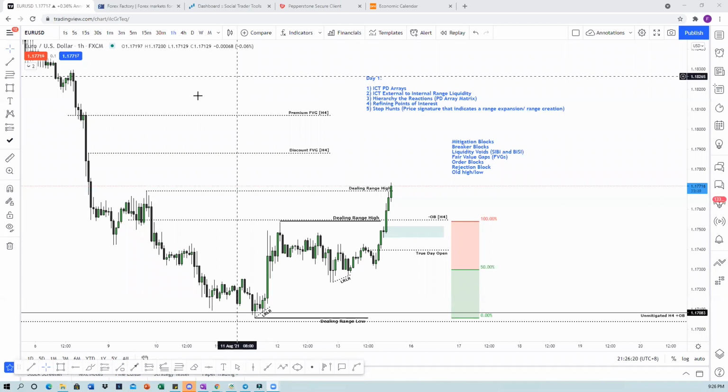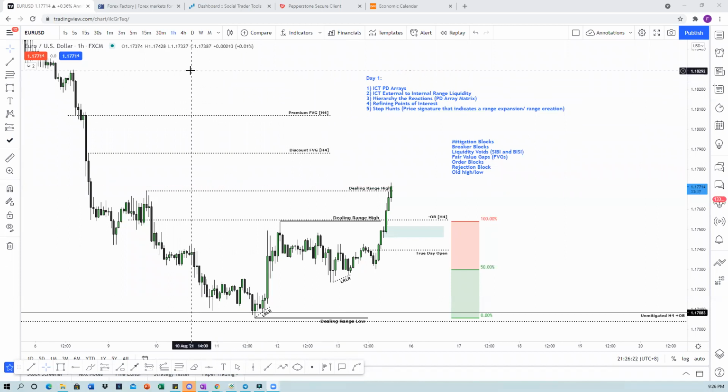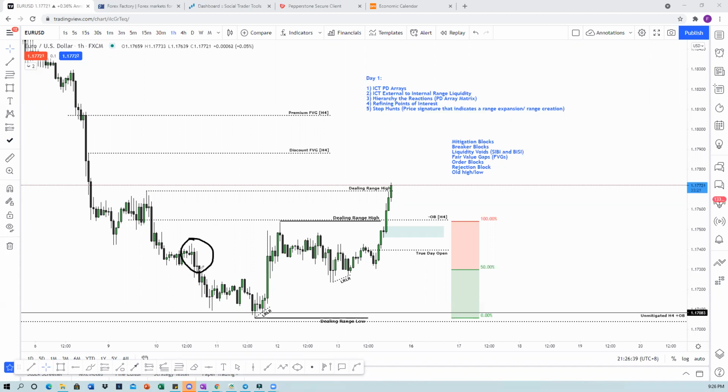That is because if you don't have a fair value gap or a liquidity void, what that means is that particular area of price, for instance, let's take this over here. You can see this bearish candle in the middle. It was a liquidity void, yes, but this big wick over here offered an immediate rebalancing of price, closing in this liquidity void.